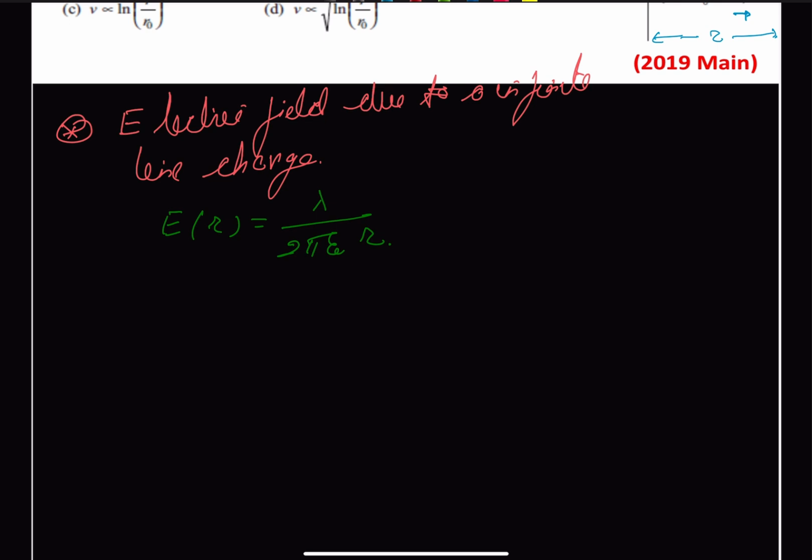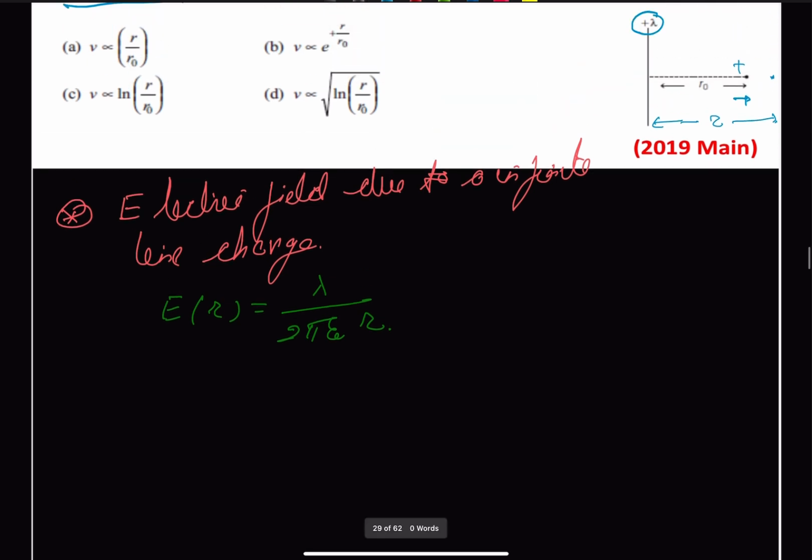We have 2 points: one at a distance of r0 and another at a distance of r. Based on this we can easily find the potential difference from the electric field.